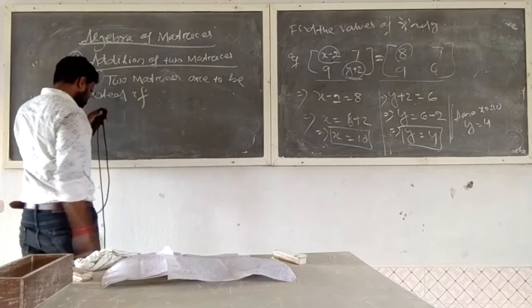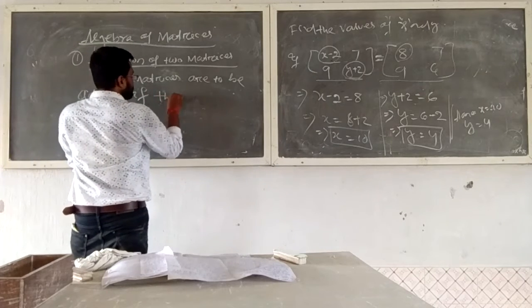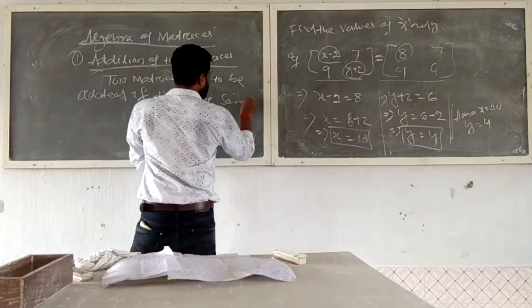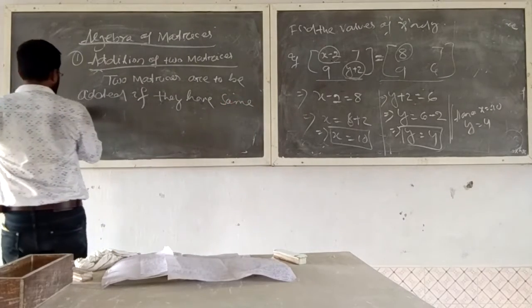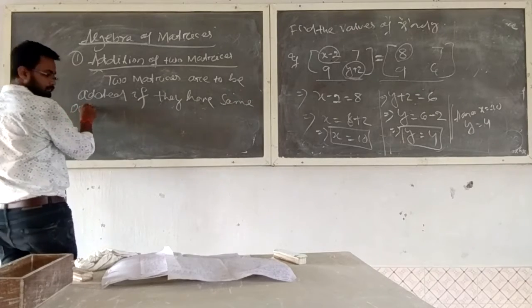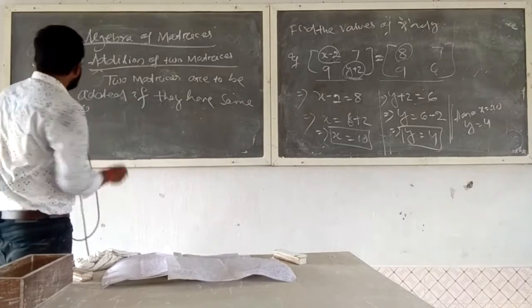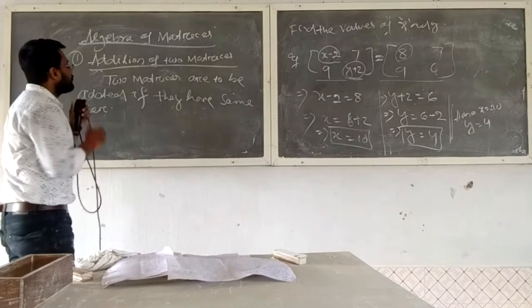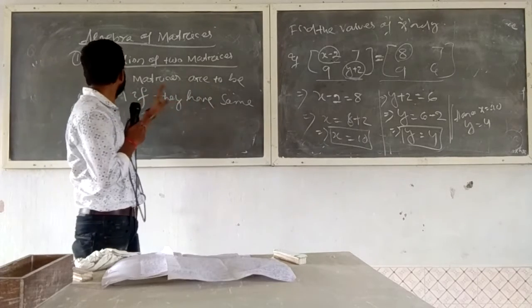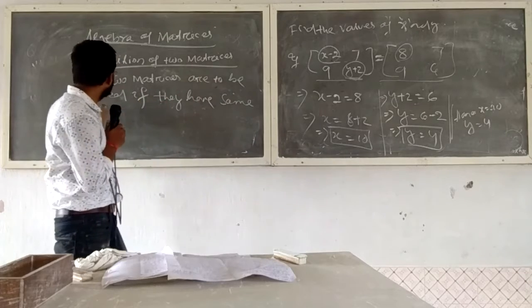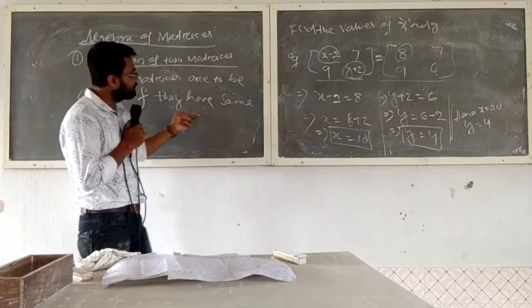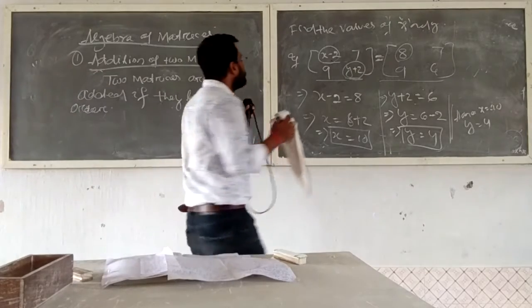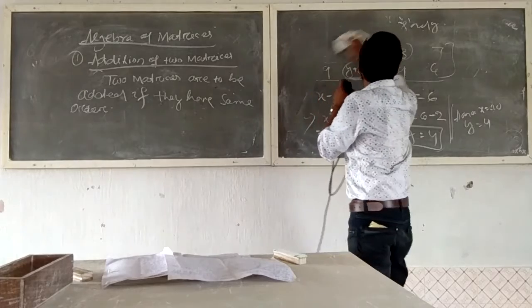Two matrices are said to be added if they have the same order. Matrix addition will be possible if the matrices have the same order.